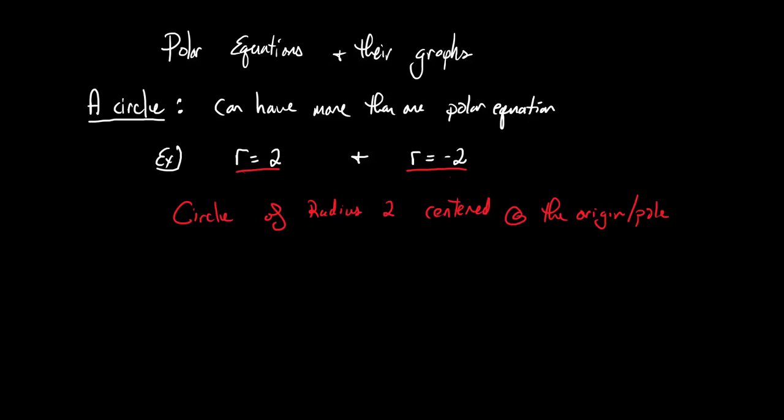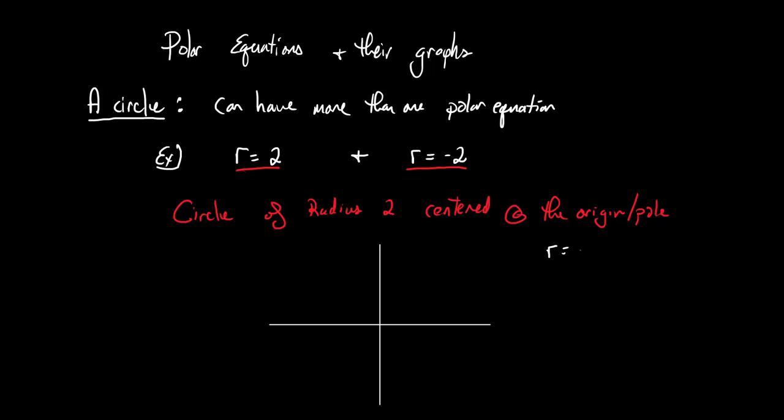It is irrelevant. As theta increases or decreases, we recognize as we draw this, r equals 2, then no matter what theta is, theta could be pi over 2, 3 pi over 2, we're always going to have a value of +2.